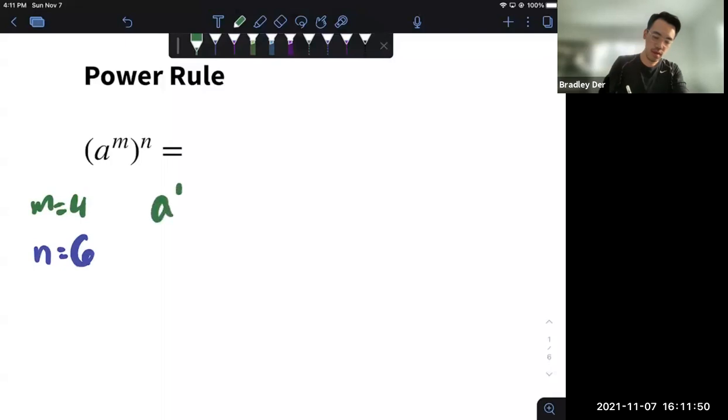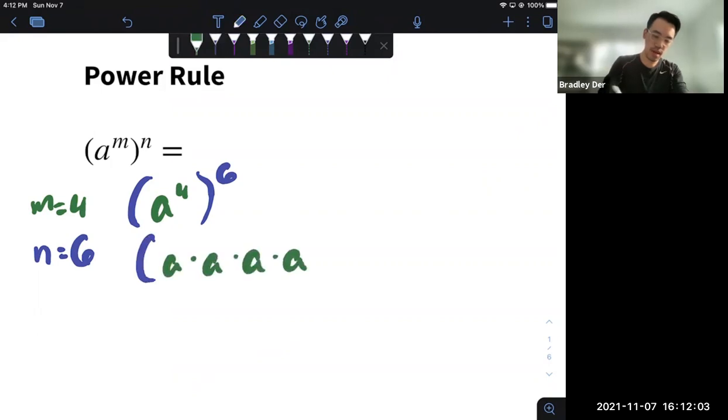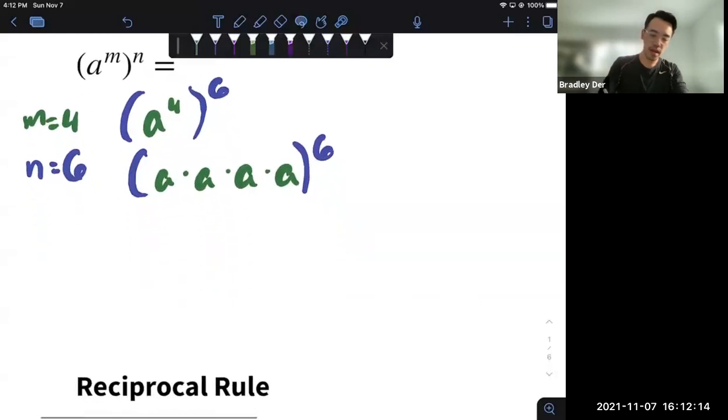So a to the 4th to the 6th, or you could say a times a times a times a, to the 6th, just expanding out your a to the 4th. If we take this product to the 6th power, then we're really going to multiply that product by itself 6 times.